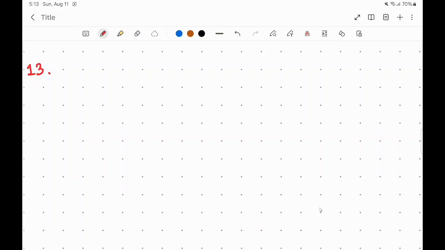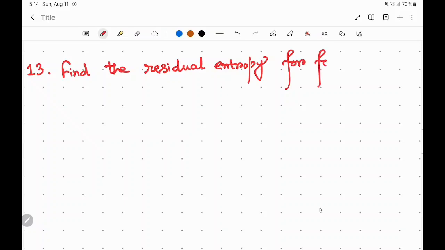The question is, find the residual entropy for the following molecules.